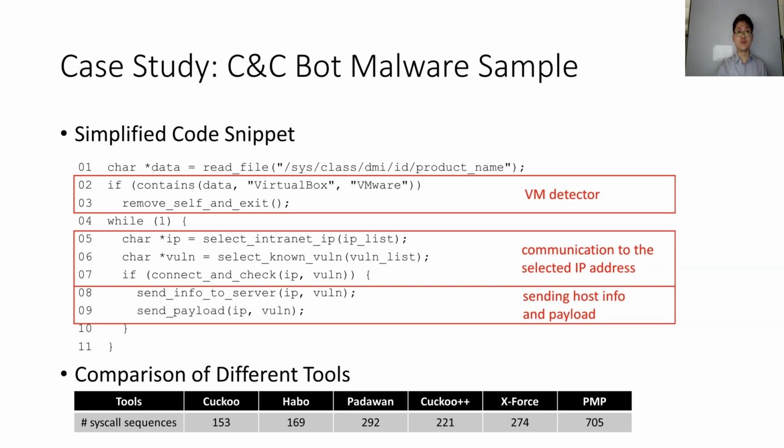Cuckoo++ and Pandora can expose the network communication to the selected IP address since they are enhanced to conceal VM-generated artifacts. However, they cannot expose sending the vulnerable host information and payload, since the analysis environment is often offline, and there may not exist a vulnerable host on the internet.